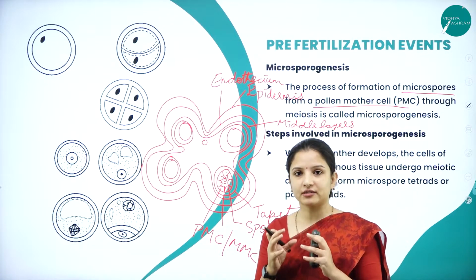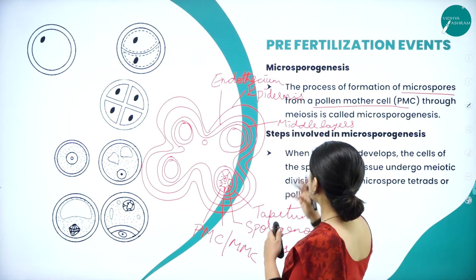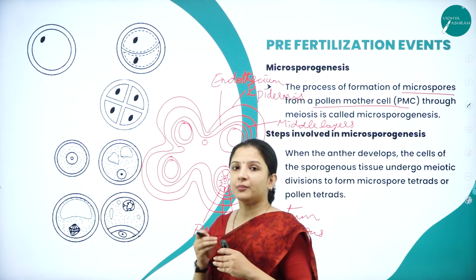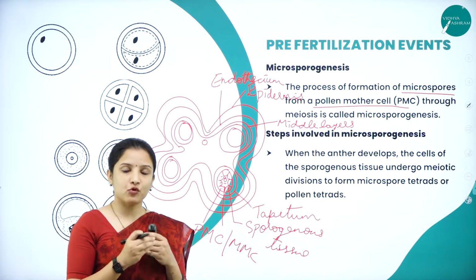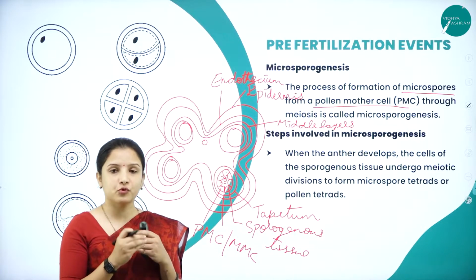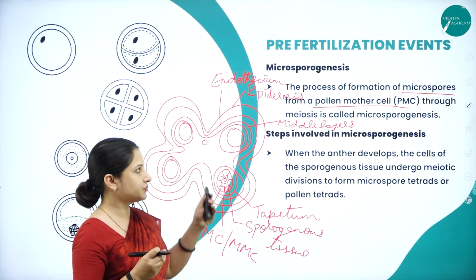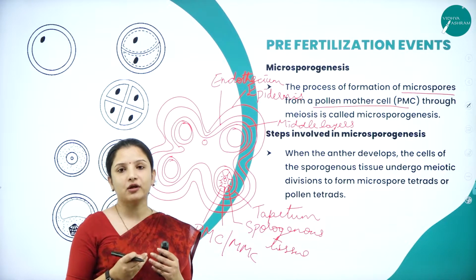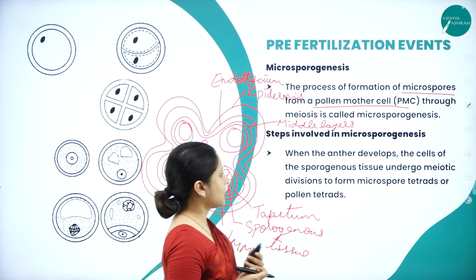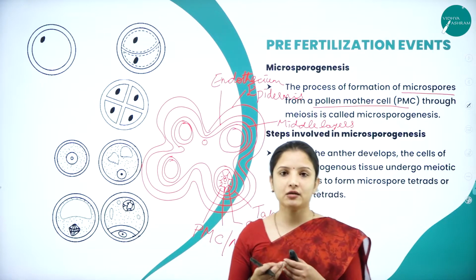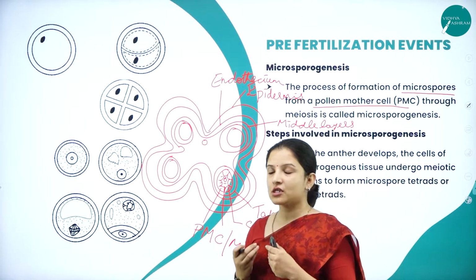So what is taking place here? In this process, the microspores are generated from the sporogenous tissues or sporogenous cells that are present inside the microsporangium. Therefore, the process is called microsporogenesis.